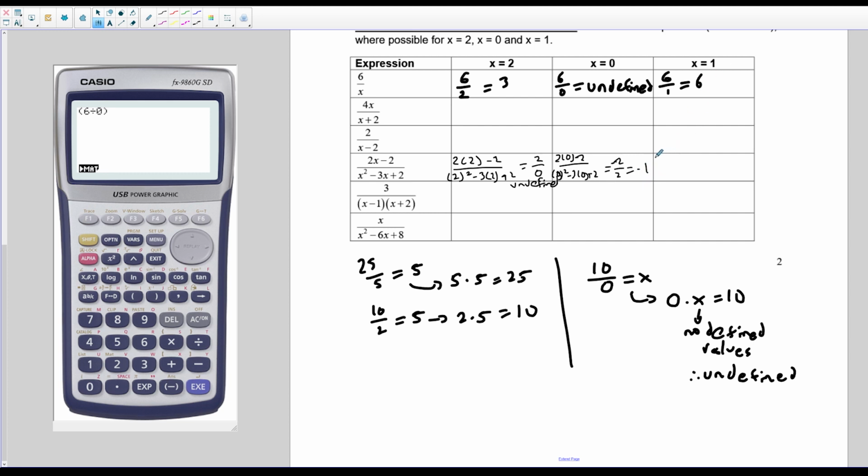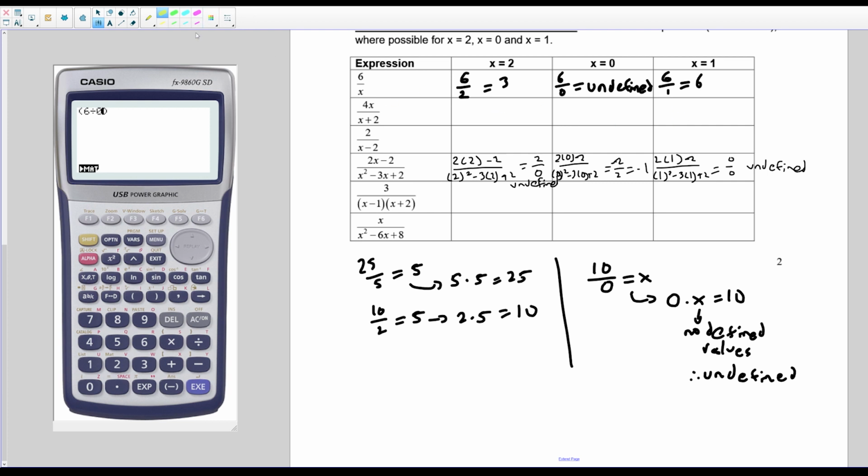Last but not least, let's see what happens when we have x is equal to 1. So I have 2 times 1 minus 2 divided by 1 squared minus 3 times 1 plus 2. This gives me 0 divided by 0, which again leaves me with an undefined.